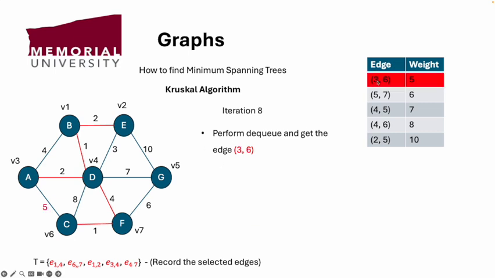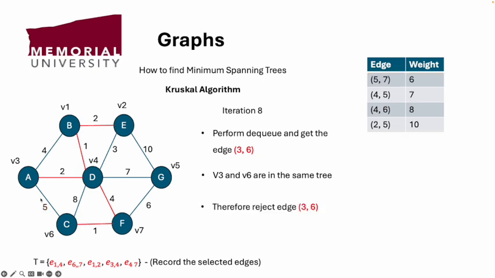We dequeue the edge 3, 6. Are 3 and 6 in the same tree? Yes, they are in the same tree, so we reject 3 and 6. Keep going.